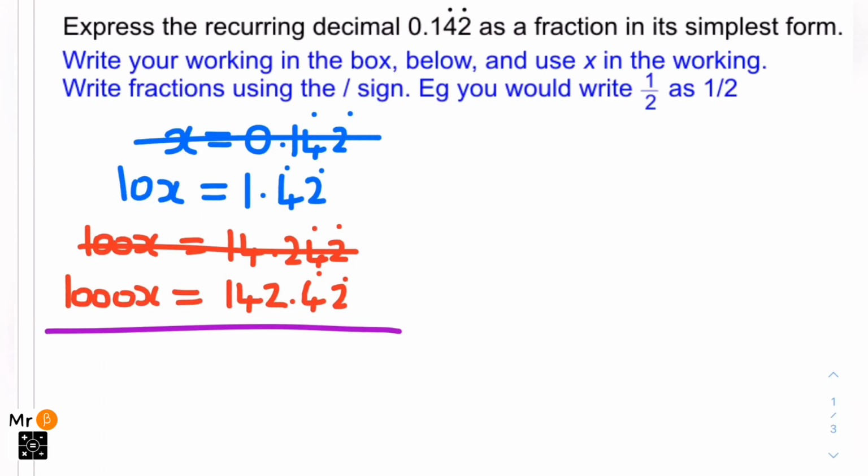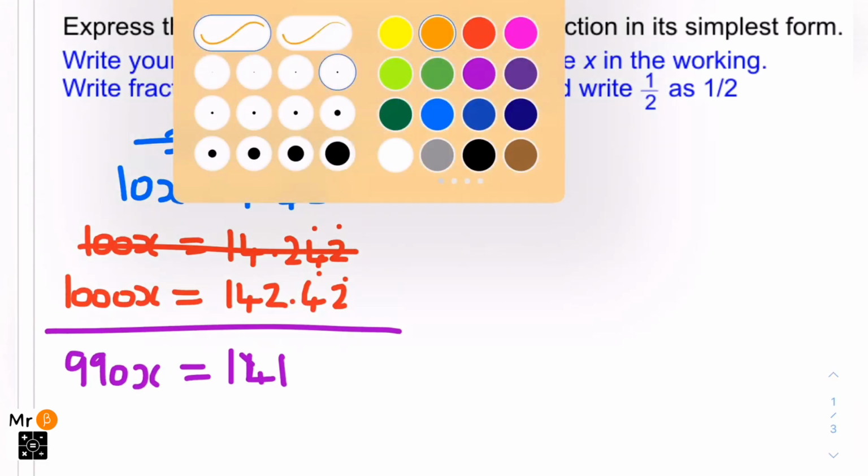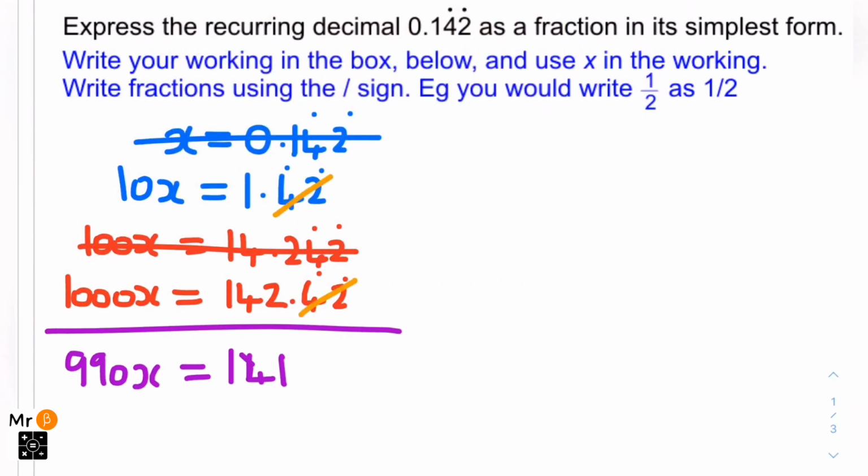1000 take away 10 is 990x. 142 subtract 1 is 141, and we can see our recurring parts cancel each other out. We now just write this as a fraction, and we would have 141 over 990.